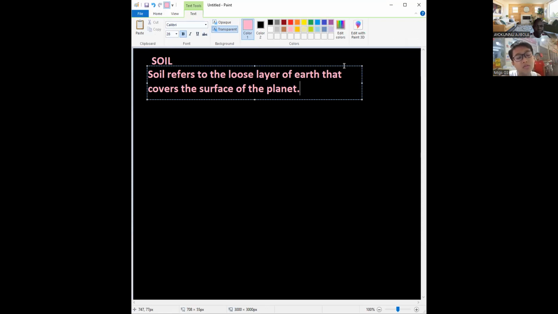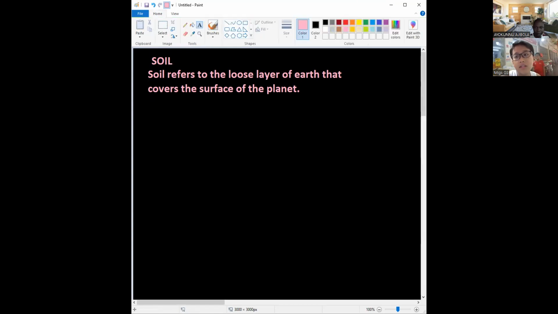Is that clear? So another point is that the soil is the part of the earth's surface which includes broken down rocks.